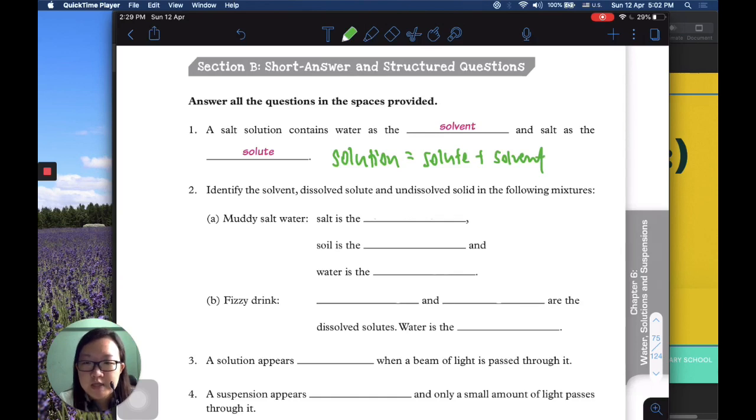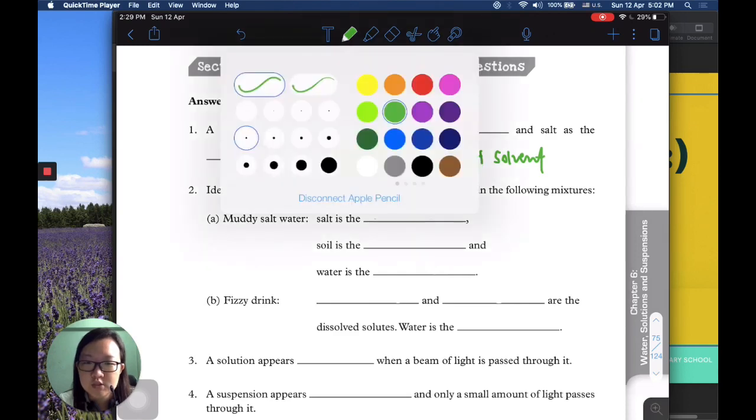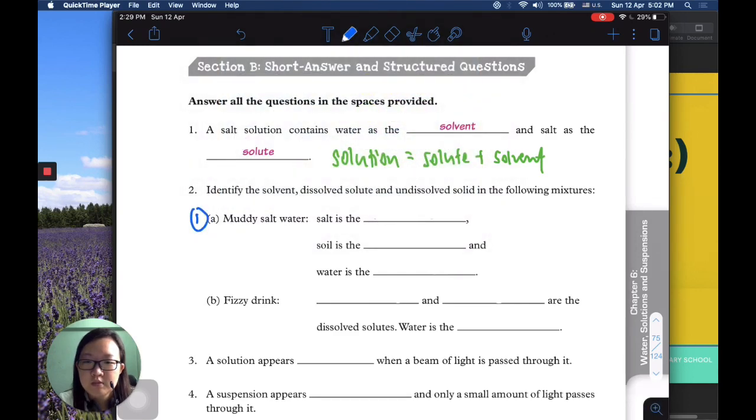Question 2. Identify the solvent, dissolved solute, and undissolved solid in the following mixtures. So part 1, muddy salt water. Salt is the dissolved solute, soil is the undissolved solid, and water is the solvent.